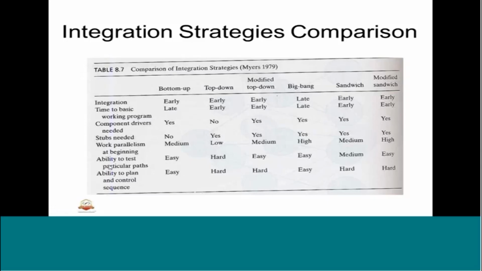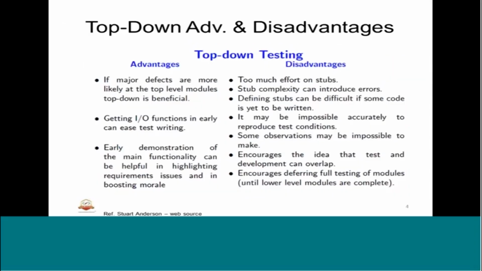So these are some of the metrics they have compared for integration strategies. Modified top down is something like a mix of both top down and big bang. They adopt it in some of the mid size complex integrated embedded systems. That is where they use it. So that is about the strategies of different integration types.